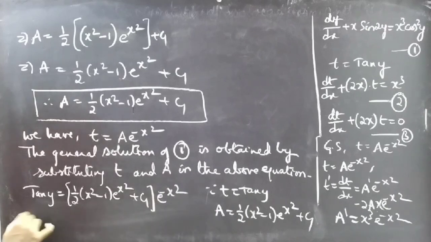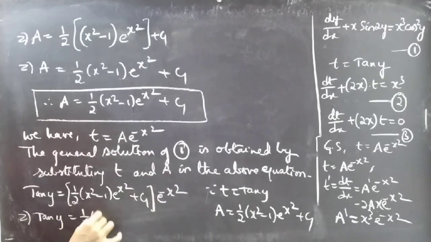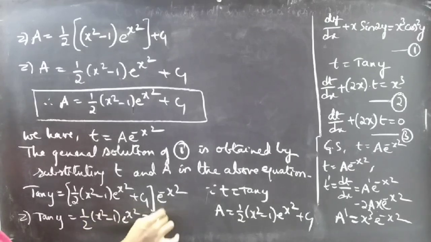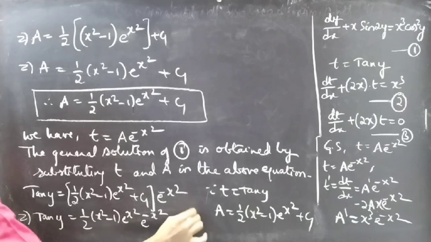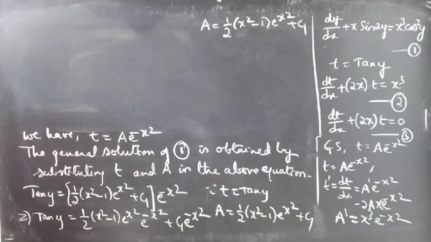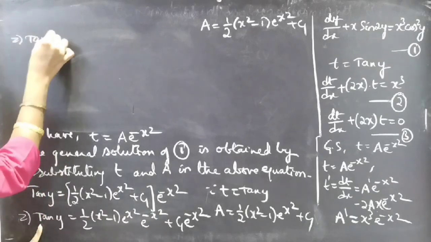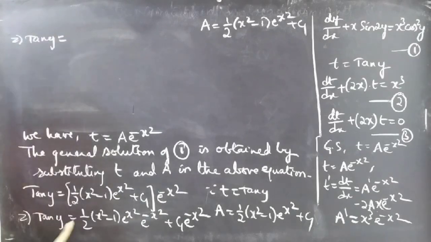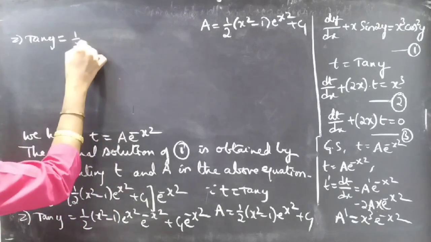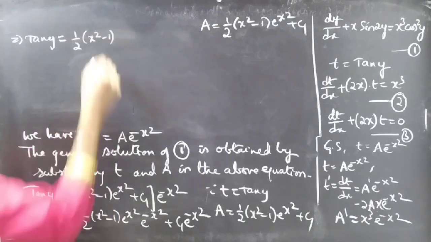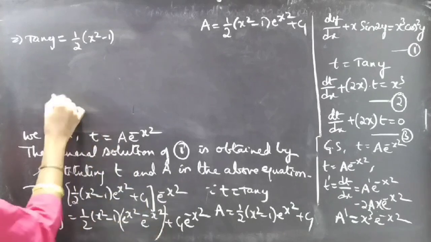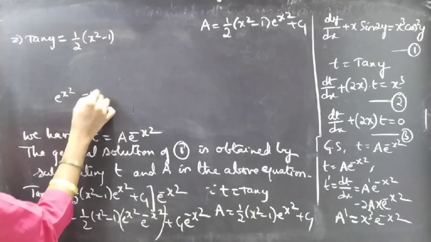This gives us tan y equal to 1 by 2 x square minus 1 into e power x square into e power minus x square plus c1 e power minus x square. Then here we have e power x square into e power minus x square.